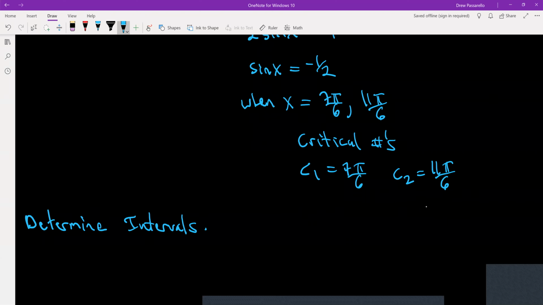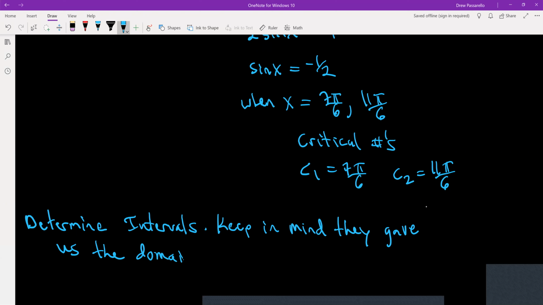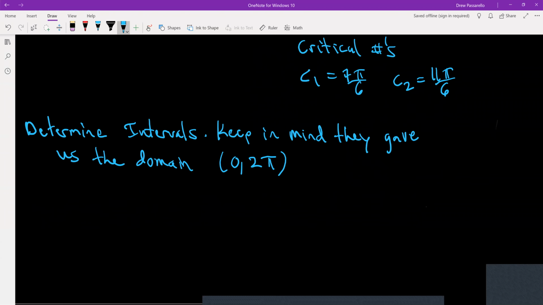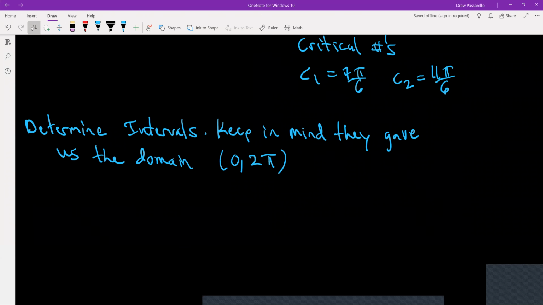Keep in mind the domain they gave us was 0 to 2 pi. That's beneficial for when I form my intervals.